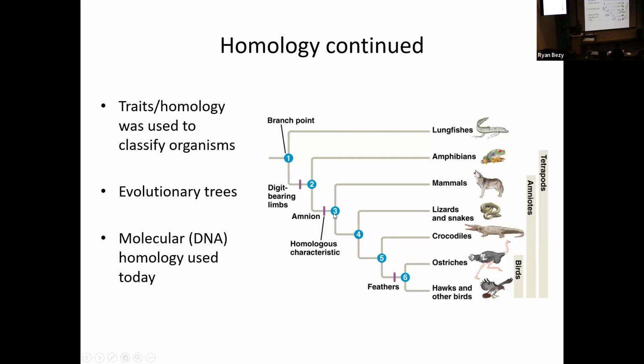We find that in mammals, lizards, snakes, crocodiles, ostriches, hawks, and birds. So we might think these are more related to one another in terms of their evolutionary history, but amphibians and fish don't have amnions. So they're more distantly related. This tree is showing relatedness. The shorter the branches, the more related they are to one another. You can have different types of traits being developed, and they use those traits to see how they might be related to one another.